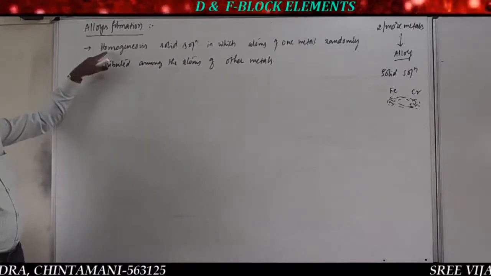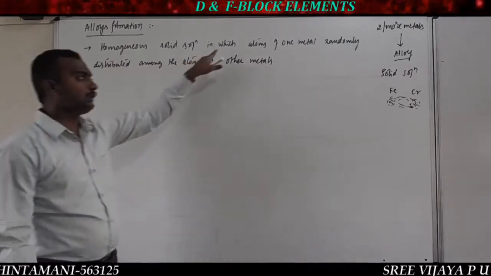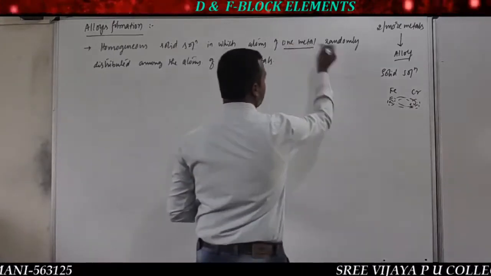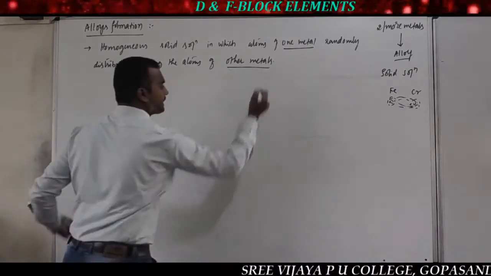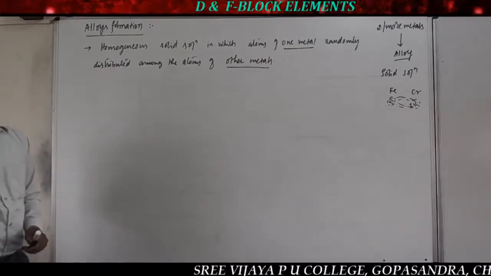This is very simple. This is a homogeneous solid solution in which atoms of one metal are randomly distributed in the atoms of the other metal. That is the concept of alloy formation.